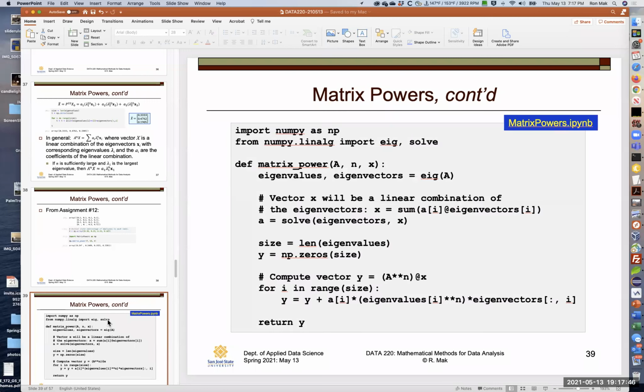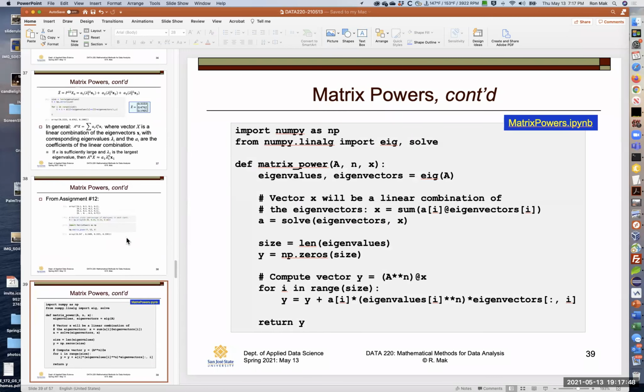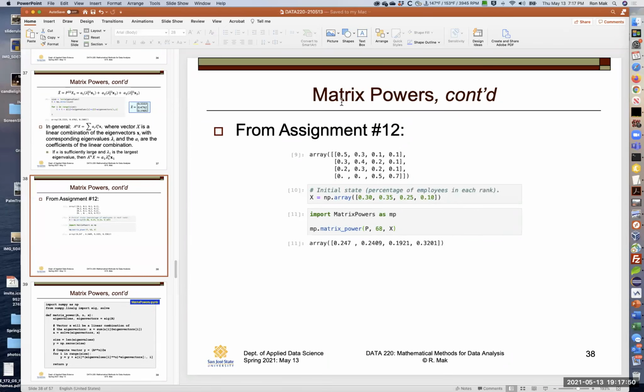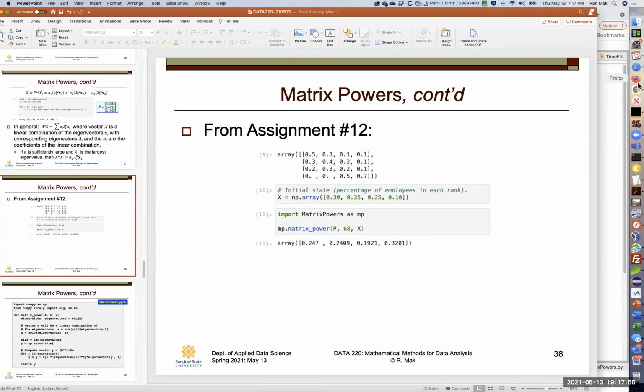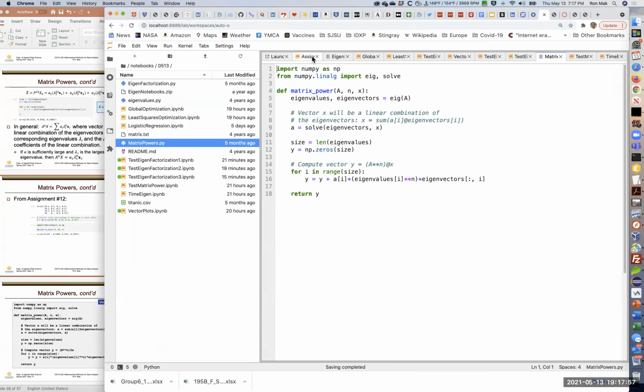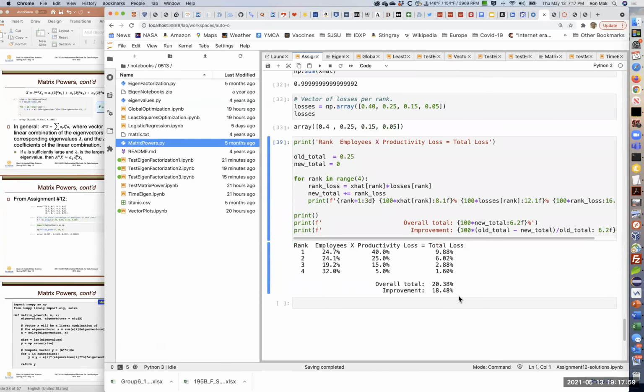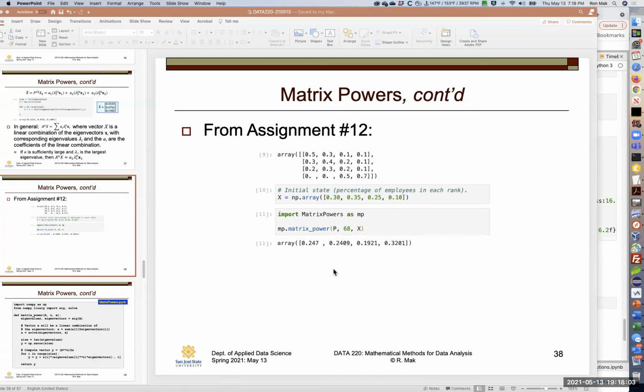Here's matrix power, and that should have given us the same answer. Let's do a quick verification of that. Assignment 12, and we got 24.7, 24.1, and 24.7, 24.1.